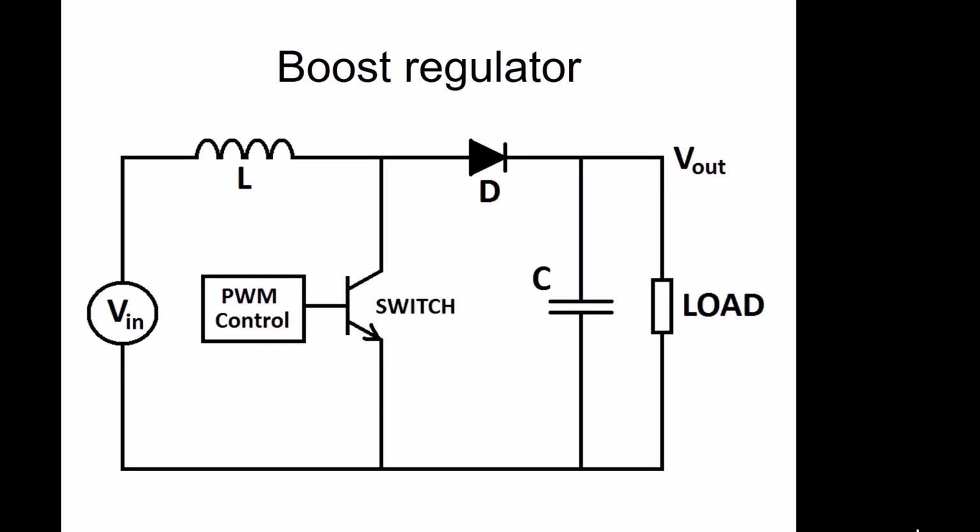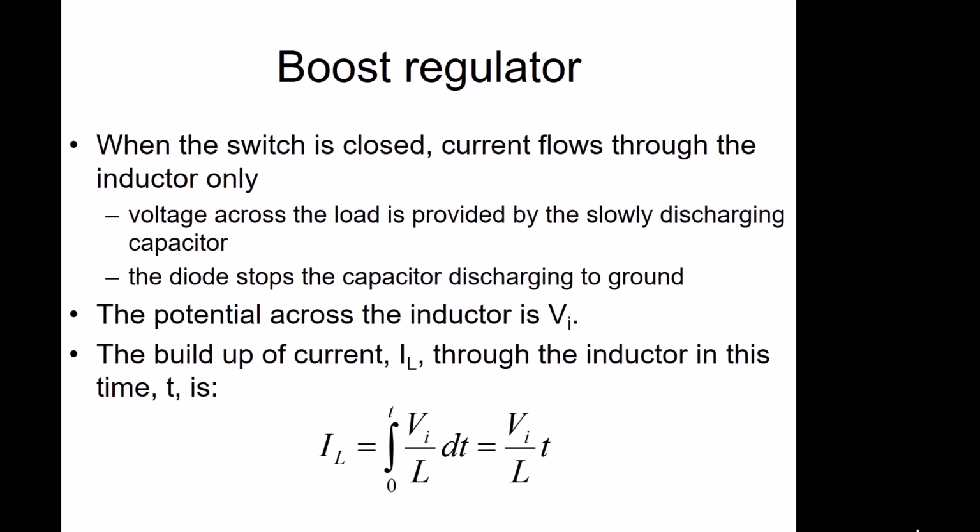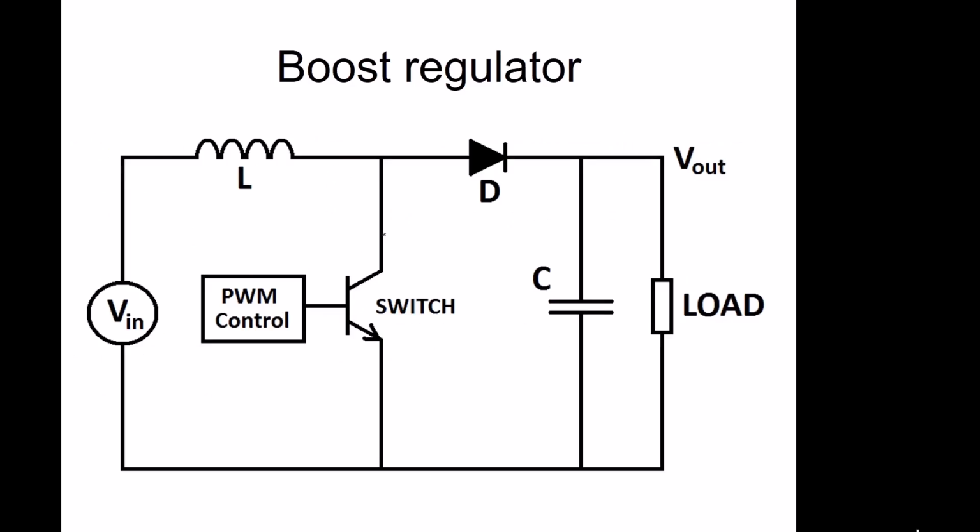For the boost regulator, we have our inductor here and our switch here. So when the switch is closed, current flows through the inductor only. So we've got the switch closed here.